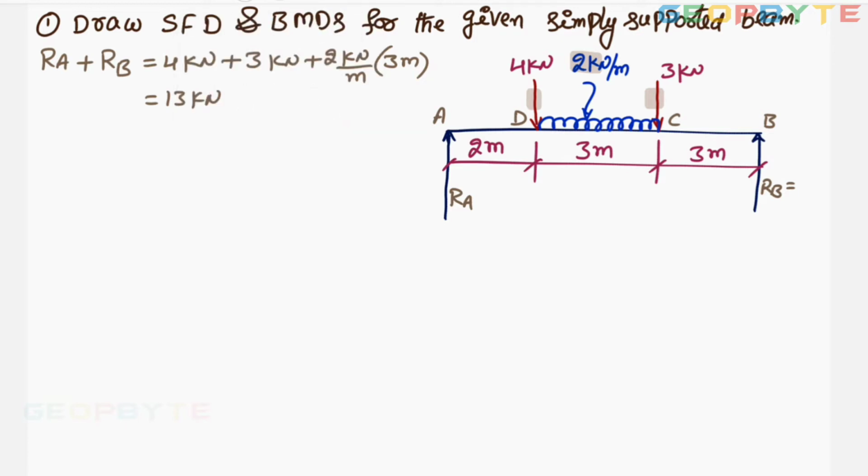Now let us take the moments. Moments about A. You can also take about B, it's not a problem, but general practice is taking moments about A. Let me write it clearly.